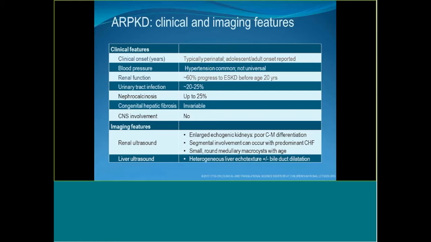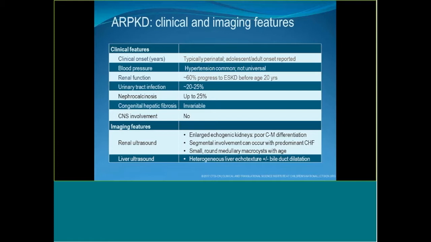So there's a whole spectrum of severity of their liver disease and the fibrosis and developing varices in the esophagus because of all the other things that are going on. So the liver issues are now becoming a bigger deal than the kidney issues were.